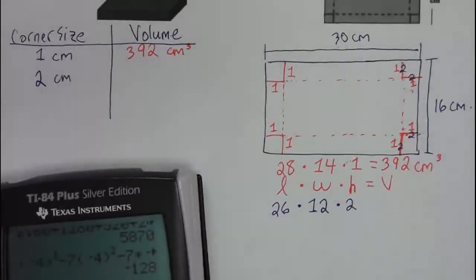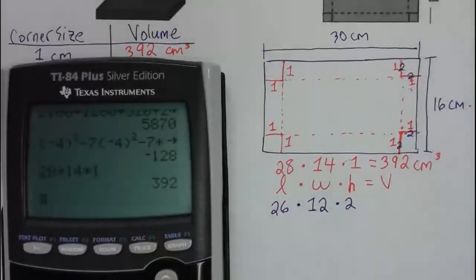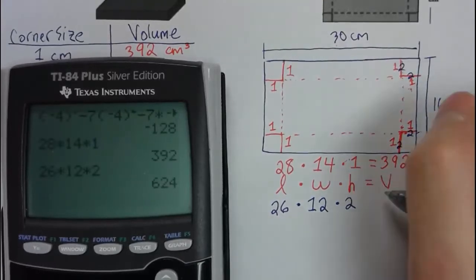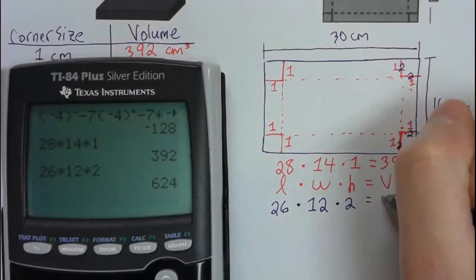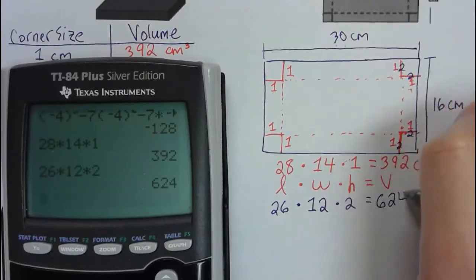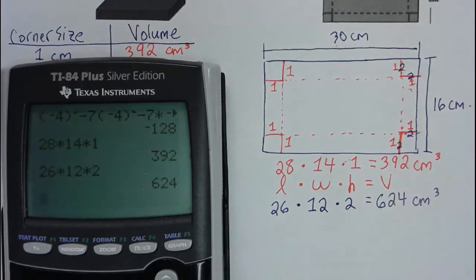So now if I check that volume out, I would have 26 times 12 times 2. And that equals 624 centimeters cubed. If you think about how those might compare, 624 divided by 2 is 312.